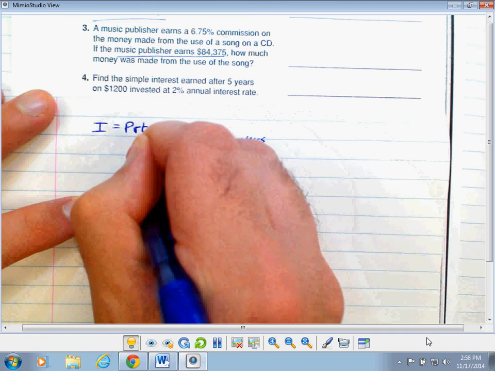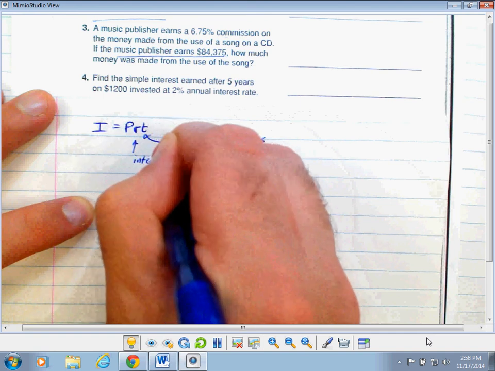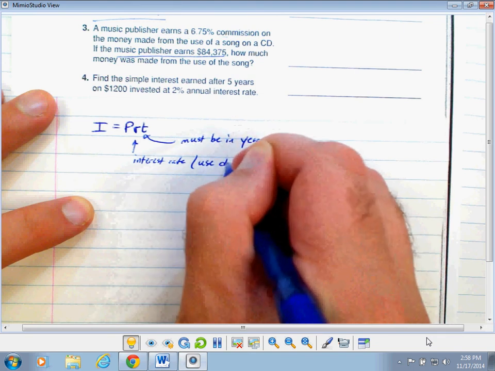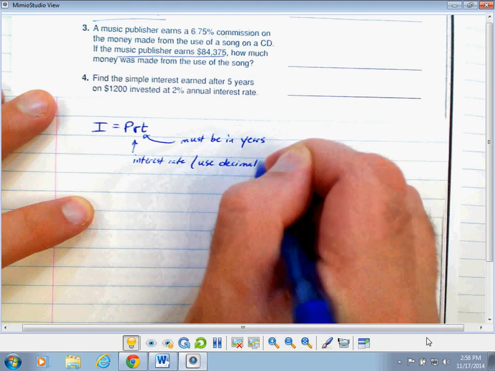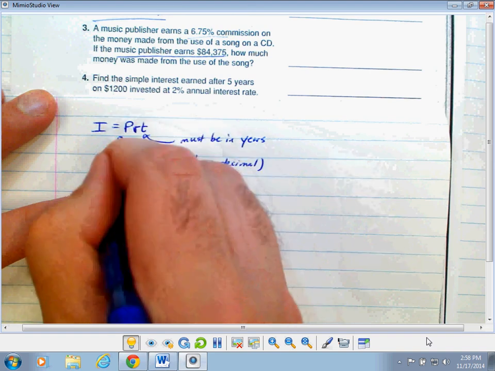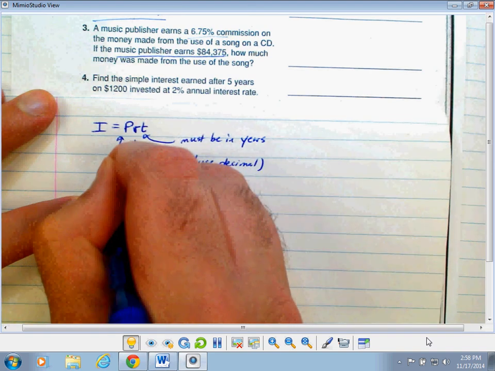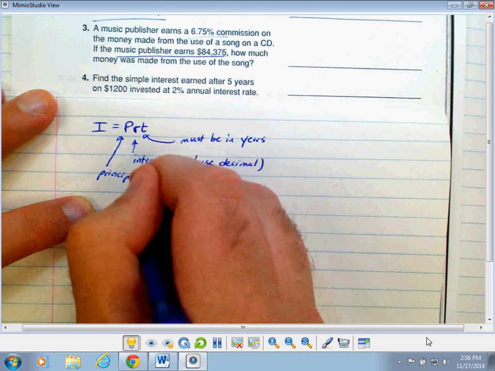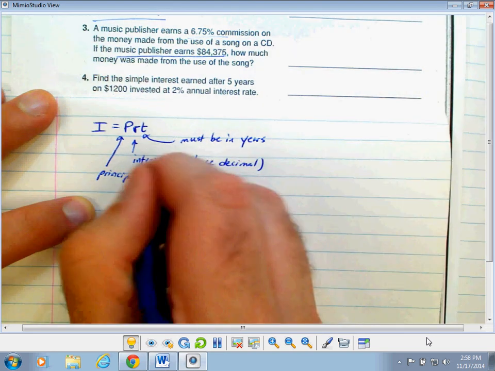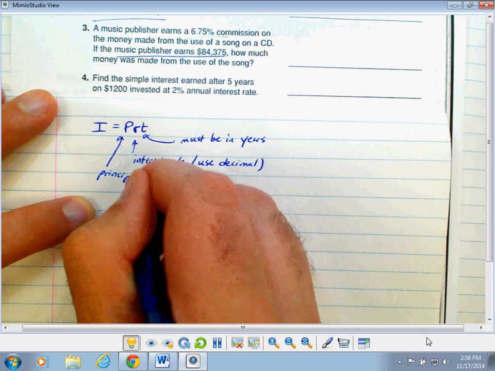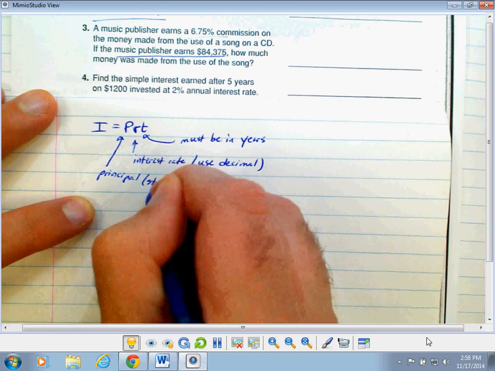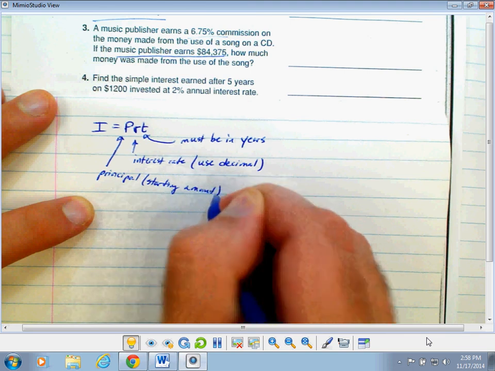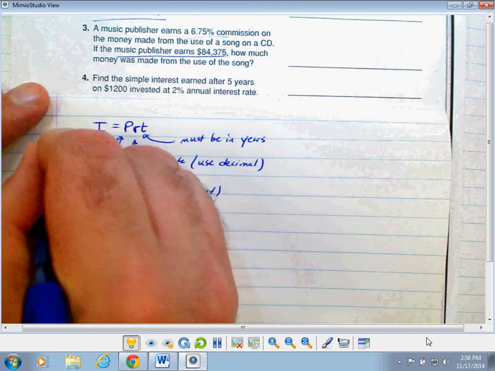R is the interest rate. Use a decimal, not the actual percentage. P is the principal, which is the starting amount. And I is the interest earned.